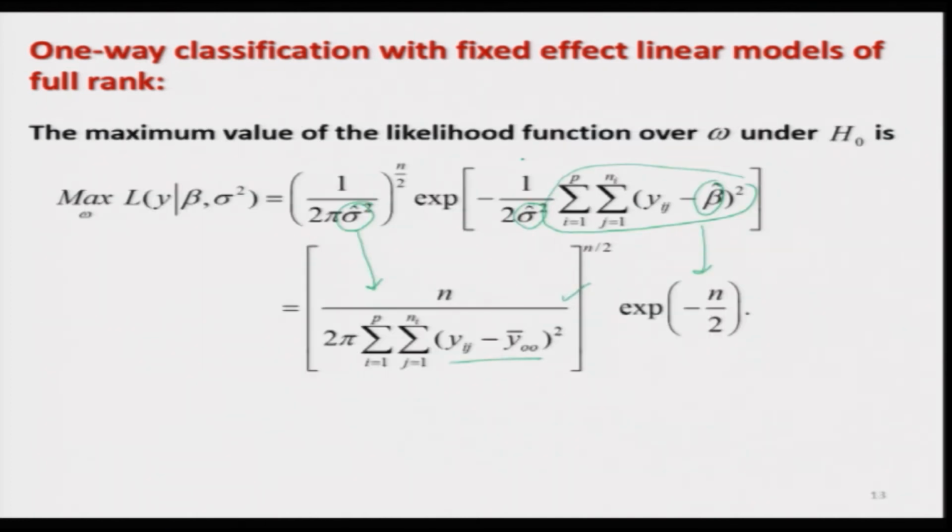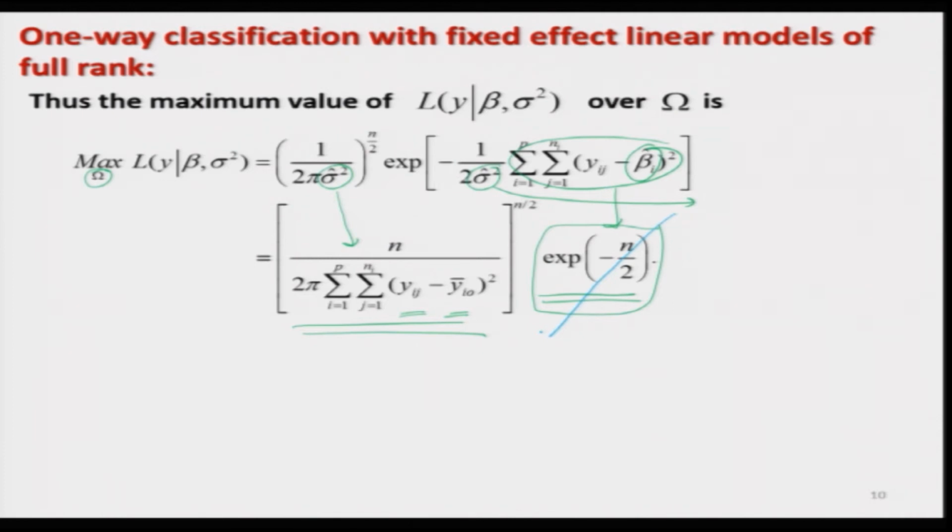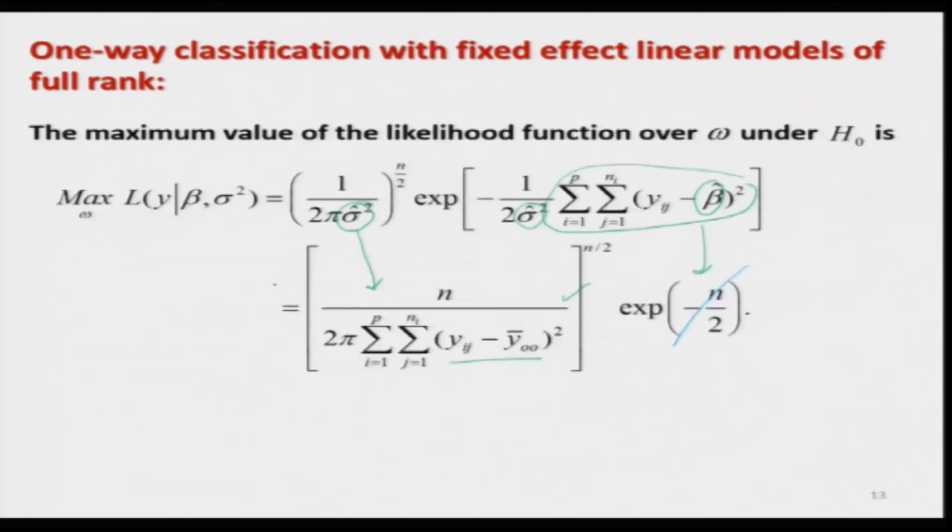You can see that this part is common in both the likelihood functions; I have crossed it with blue. This part is also common in both expressions. So if you take the ratio, it will involve only the remaining part, which is the double summation part from the maximum value of L under small omega and capital omega.